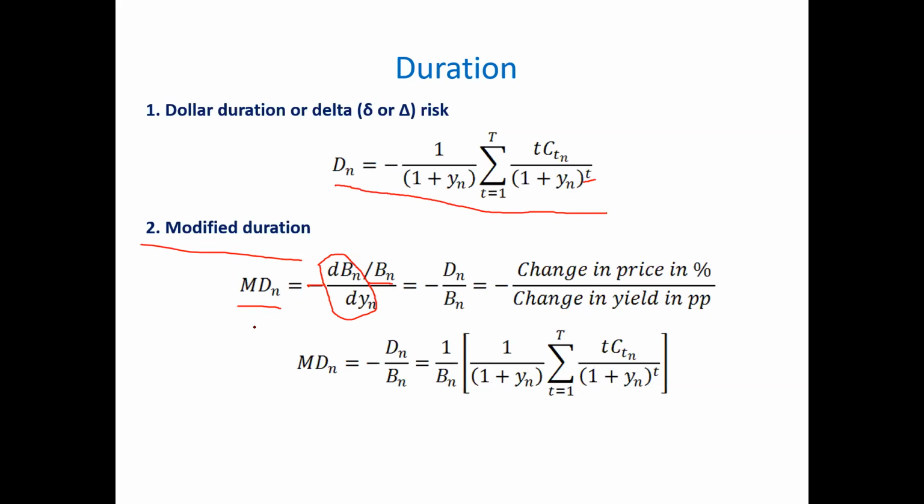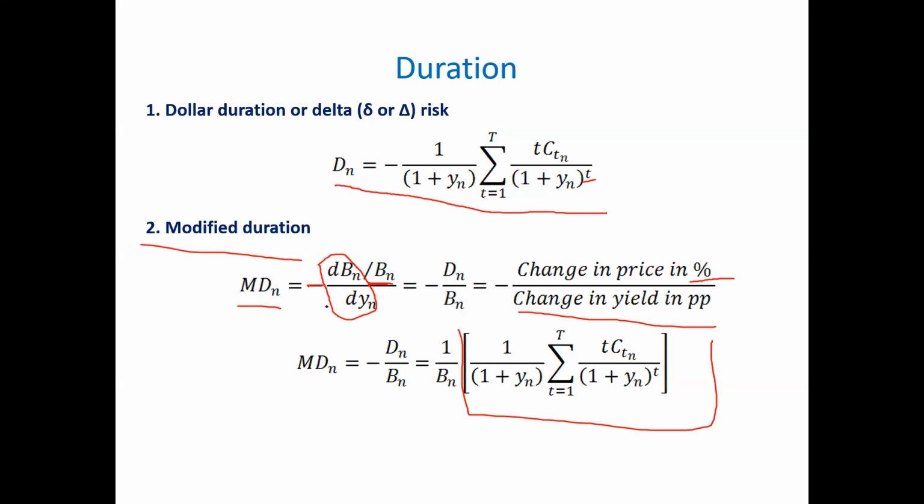So do not forget, bear this in mind. So now we have the change in the price in relative terms, and the denominator does not change. So essentially, the only adjustment is that we divide by the current price. So this is our dollar duration.